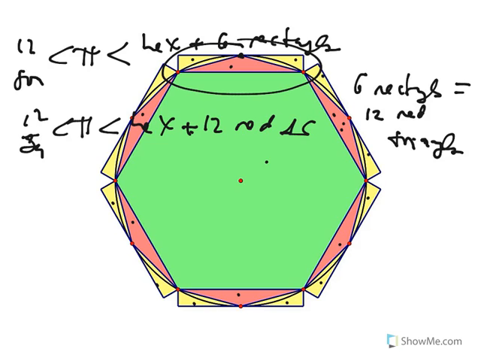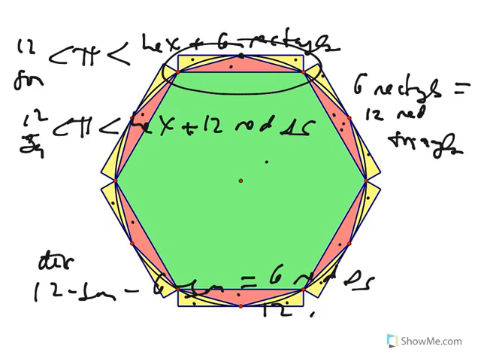So I'm going to write another thing on the side. I'm going to say dodecagon, or 12gon, minus the hexagon is equal to 6 red triangles, which means 12 red triangles would be 2 of these 12gons minus 2 hexagons.